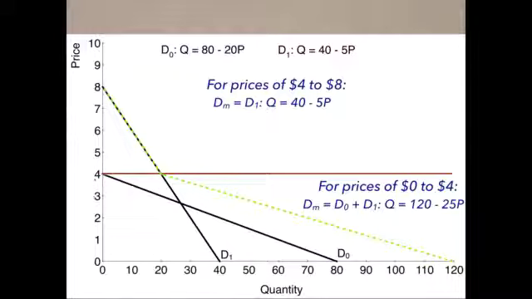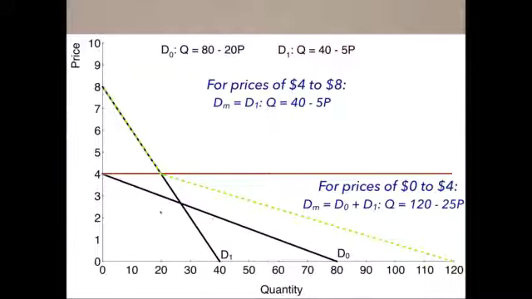And then if you're asked some questions for prices between 0 and 4, you know that the demand function for that price range is the market demand is equal to D sub-0 plus D sub-1, which gives you Q equals 120 minus 25p.